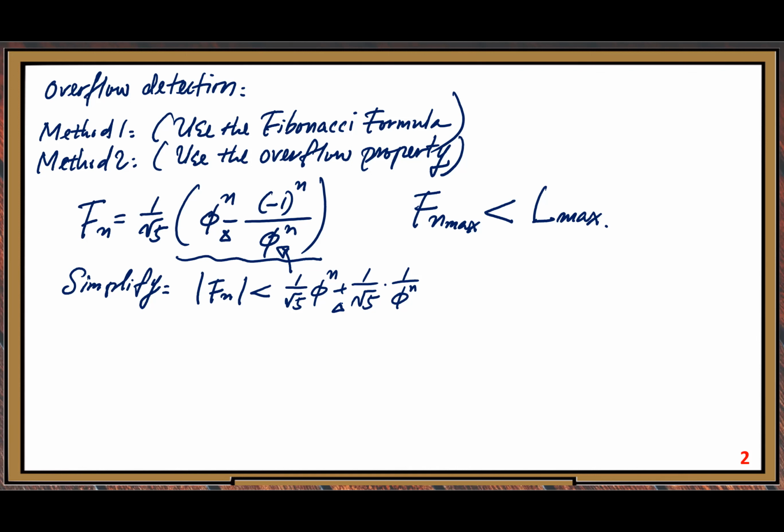Then I make this larger representation less than L max to find that n, to estimate that n. But you may feel this kind of estimate may not be accurate. I will let you know this kind of estimate is extremely accurate.